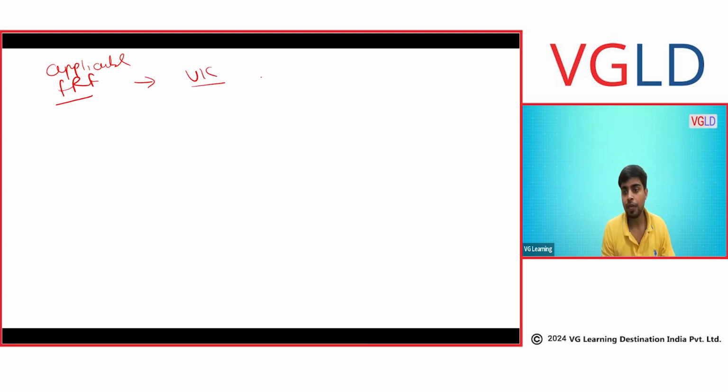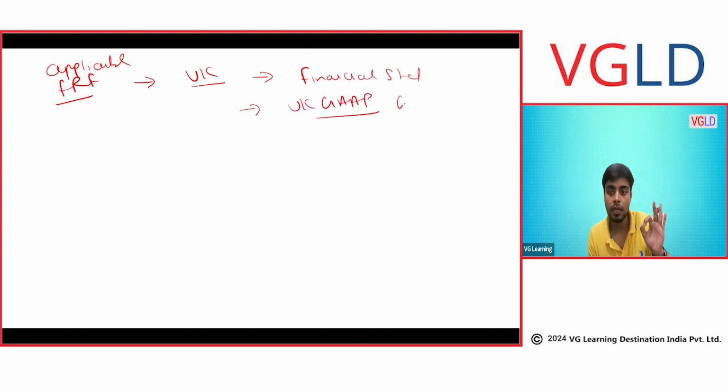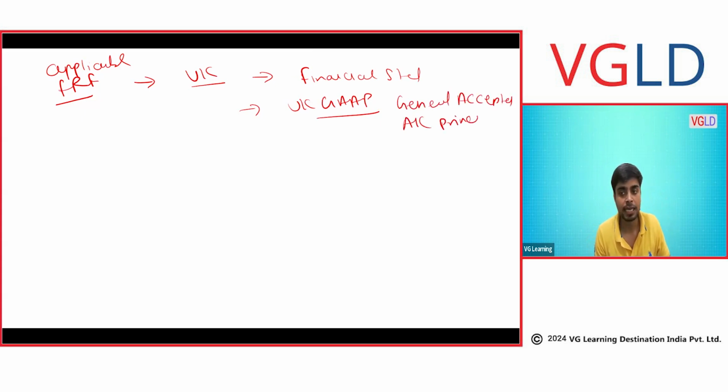If you are in the UK, you are supposed to prepare your financial statement as per UK GAAP. What is GAAP? Generally Accepted Accounting Principles. This is the definition of GAAP. So if you are in the UK, you are supposed to prepare financial statements as per UK GAAP.